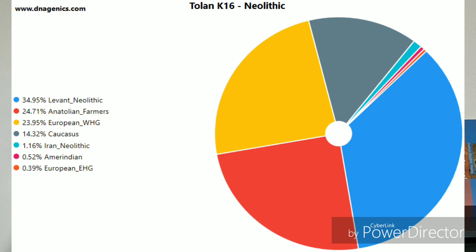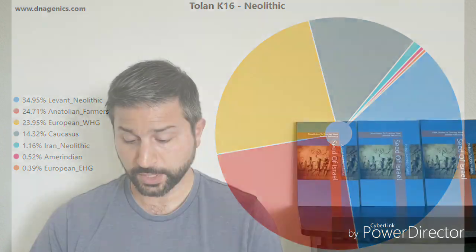But very briefly, and I'm going to put up the screenshots here, my Tolan K16 Neolithic, which again is the Neo-Stone Age, has Levant Neolithic at the top, followed by Anatolian farmers, European Western hunter-gatherers, Caucasus, Iran Neolithic, etc. So you really have to look at the top results.